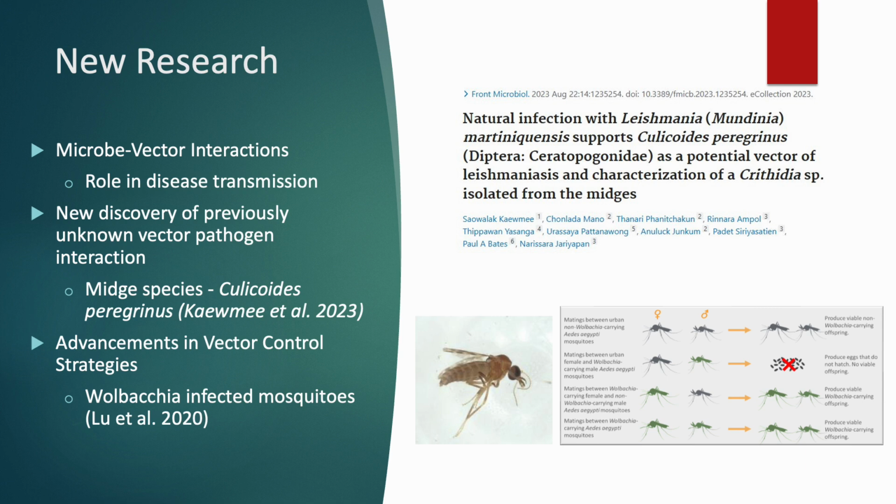There is research focusing on how microbiomes within vectors influence pathogen transmission. An example of this is that certain bacteria species within mosquitoes can enhance or inhibit viral replication, and this would impact the likelihood of the disease spreading.